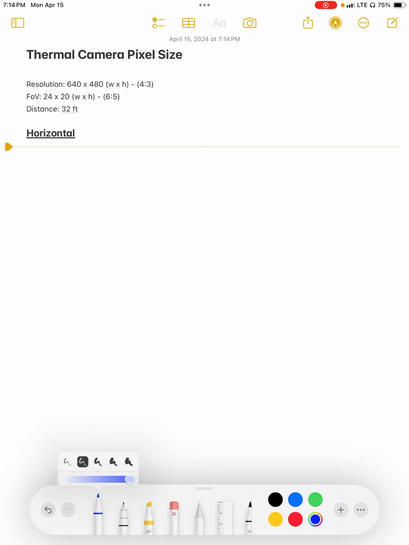If we look at it from the top, here's our thermal camera with its little lens on the front. The field of view is 24 degrees, so it's going to go out roughly like this and roughly like this. We're going to get a horizontal distance here, and that's what we're trying to figure out.